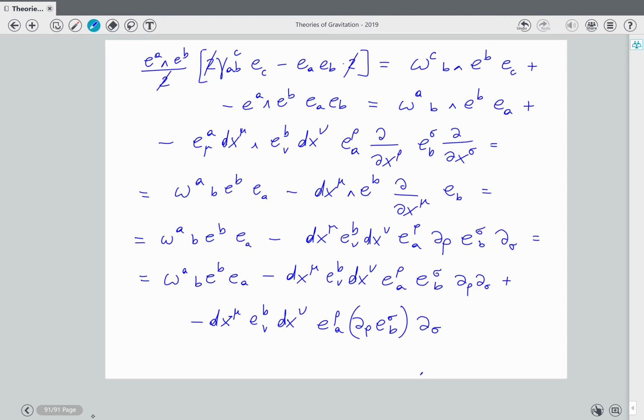And there is something wrong here, that EA rho is not there. Yes, EA rho is not there, and instead you have d mu. We have contracted EA rho with EA mu.